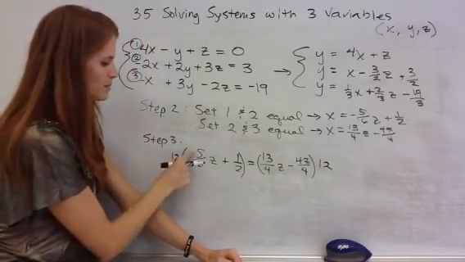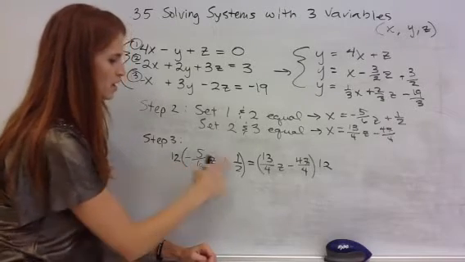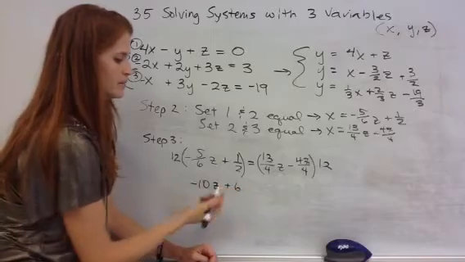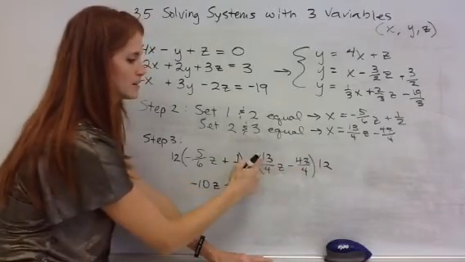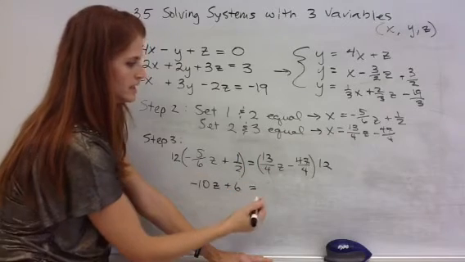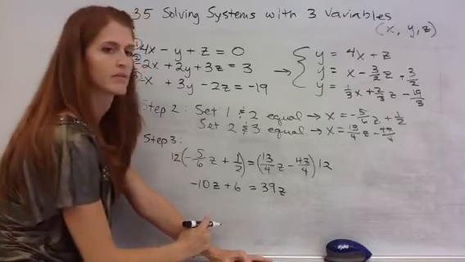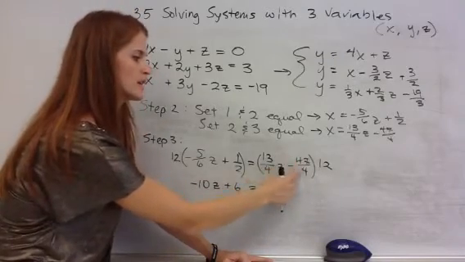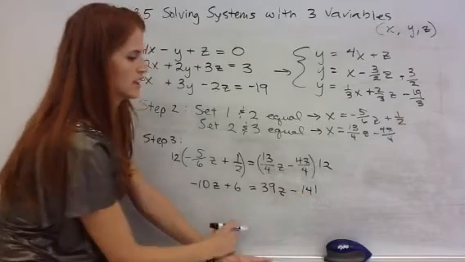So 12 times 5 over 6 is going to give me a negative 10. Then 12 times 1/2 is just 6. 12 times 13 over 4, that's going to give me 39. Then 12 times 47 over 4 is going to give me 141.